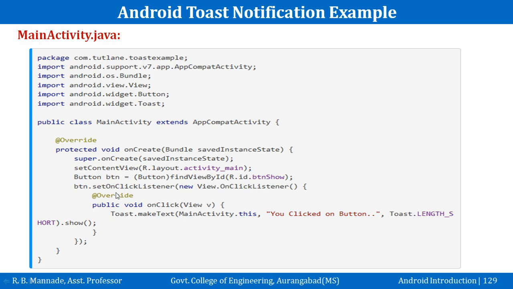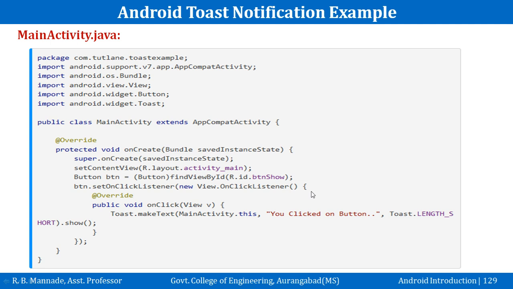And then we are registering its event listener by calling the setOnClickListener method on the object of the button, which is btn. So btn.setOnClickListener, and here we are creating a new View.OnClickListener.